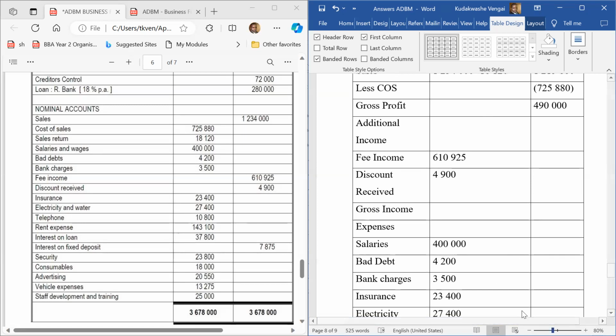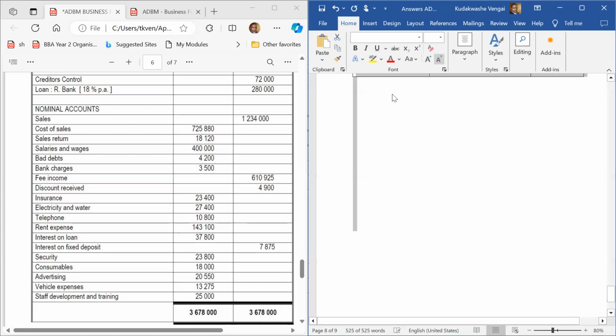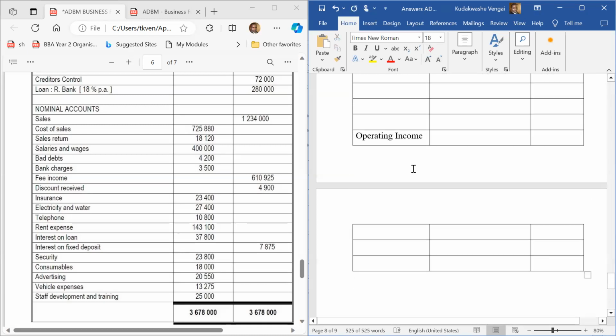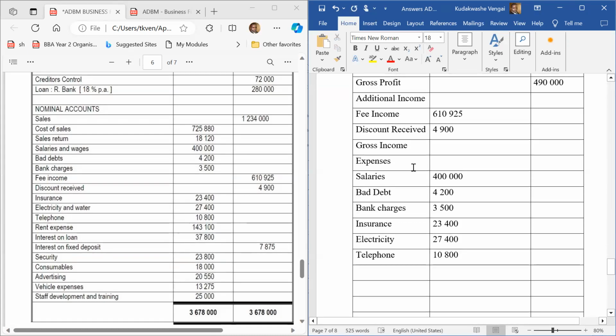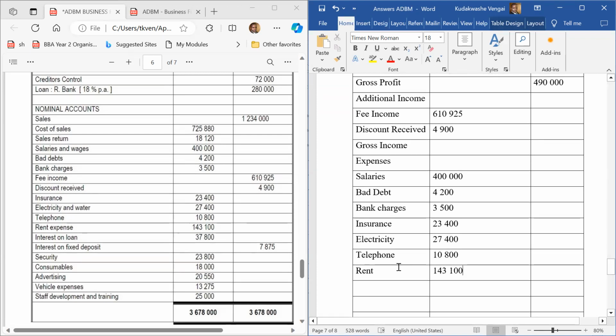I think maybe let me just reduce it a little bit so that it's on the same page. Okay. Telephone, and then the rent expense, which is 143. And then with interest on loan, let's keep it for now.